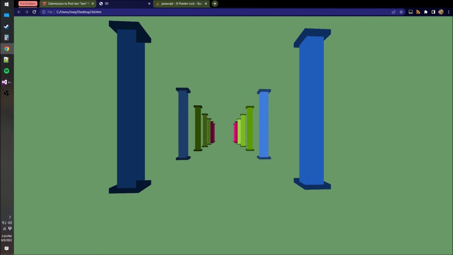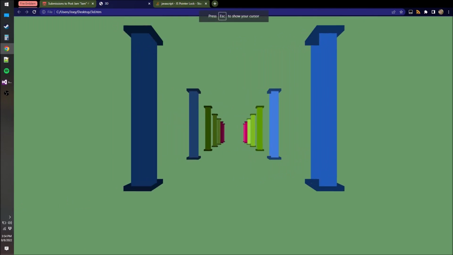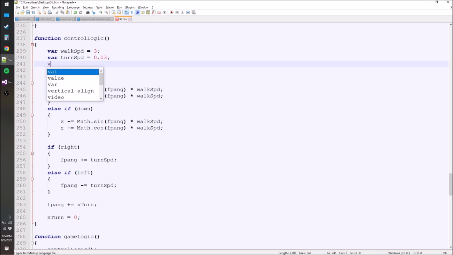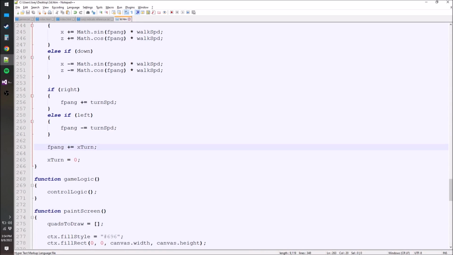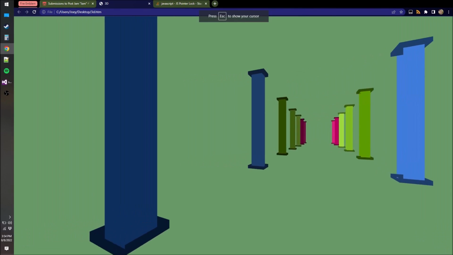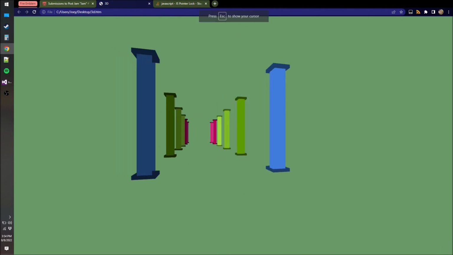There it is. Now it's too slow. Let's just define some variable here. We'll call this turn mult. Let's just set it to 3 and then multiply X turn by that. And okay, that's about good.